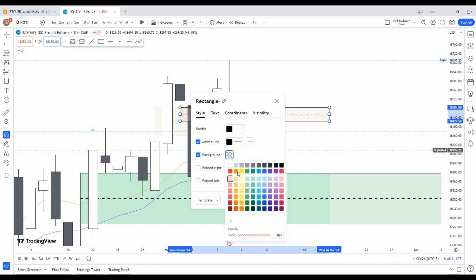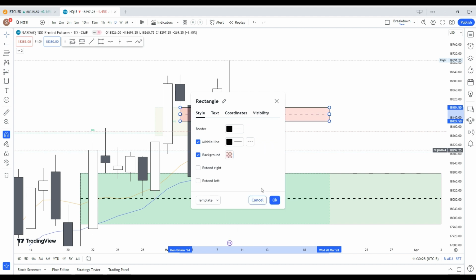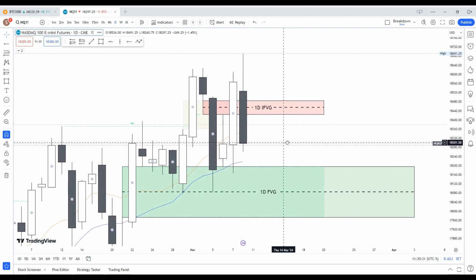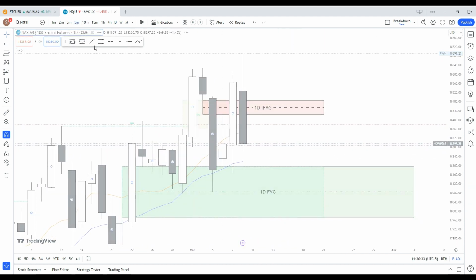It'll be red, or there. All right, let's see what that looks like on a smaller time frame.